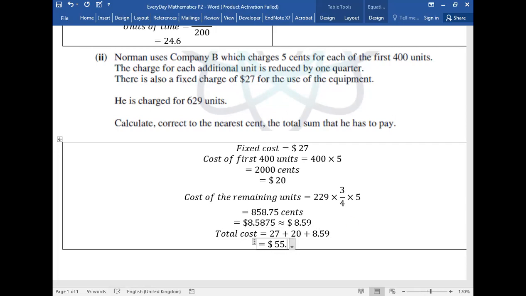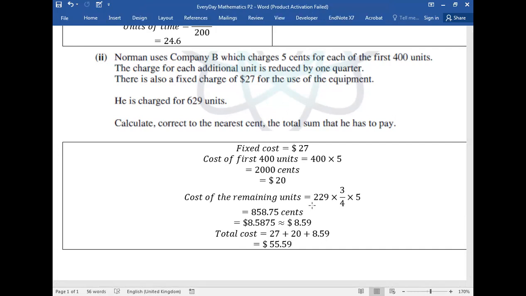The question is saying rounded off to the nearest cent. What does nearest cent mean? This is 1 cent. So this is your answer. You're not supposed to round up further. If you were breaking it down, you will say $55.59. Is this clear?